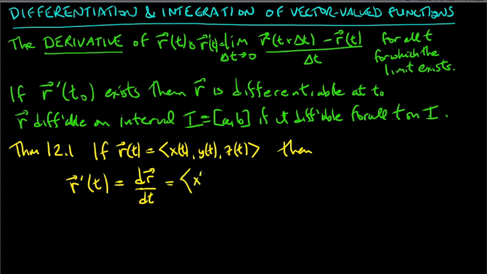So x prime of t is the first component, y prime of t is the second component, and z prime of t is the third component. If you'd rather write them as dx over dt, that's fine.